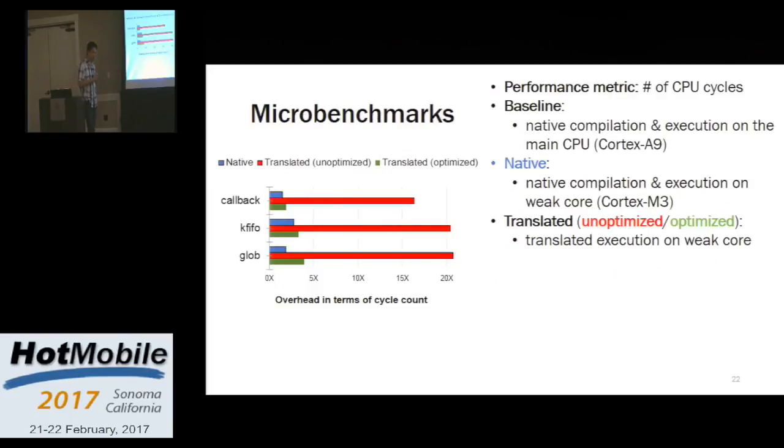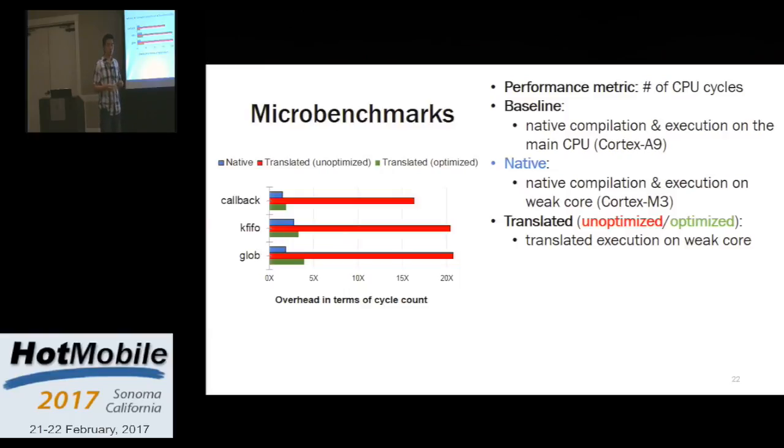In order to test our system design, we use 3 different macro benchmarks, and we use the number of CPU cycles as our performance metric. We take the benchmark, compile and natively execute it on the big core, and this gives us the baseline. If we take the same benchmarks, compile and execute them on the small core, this gives us the upper limit of our design, because the compiler knows the source code, so it can apply any optimizations.